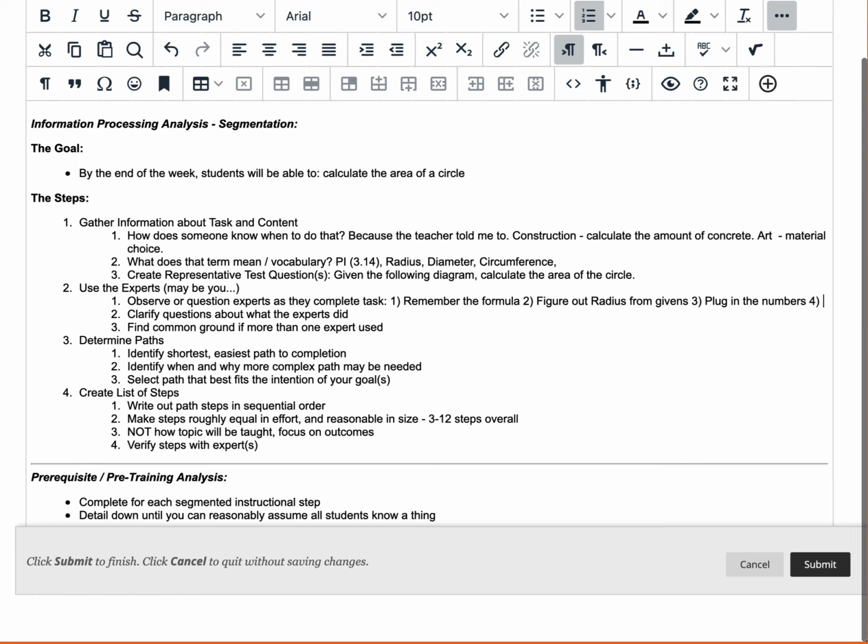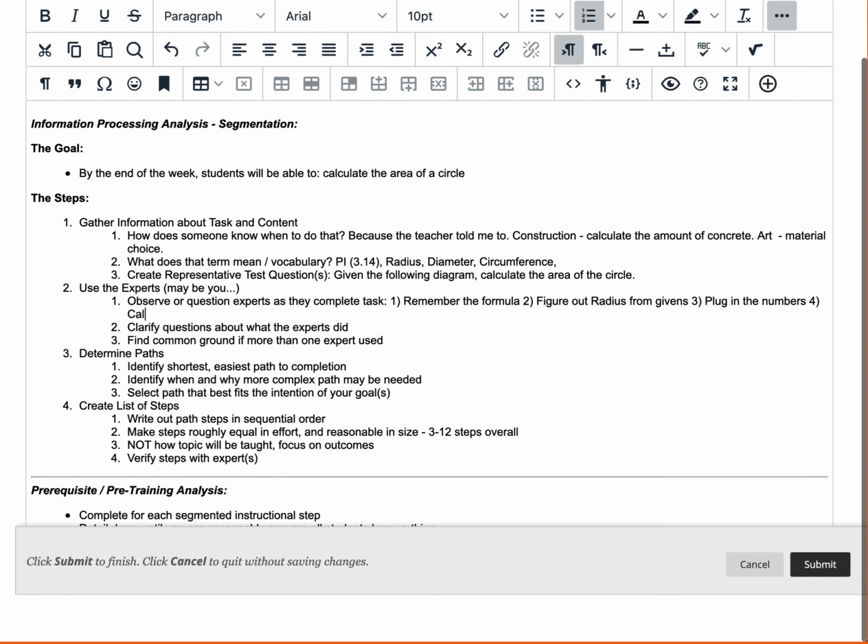And then number 4 would be to actually do the calculation in order to get the number. And then 5 would probably be to write out a complete answer. I know math teachers love this, with units, because it's going to have a certain kind of unit that goes there.